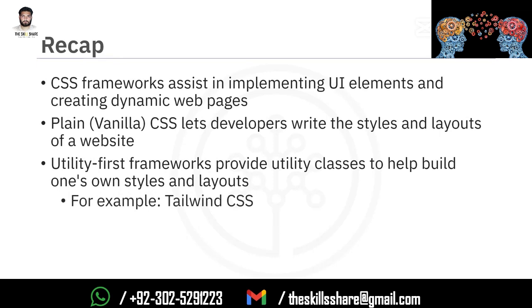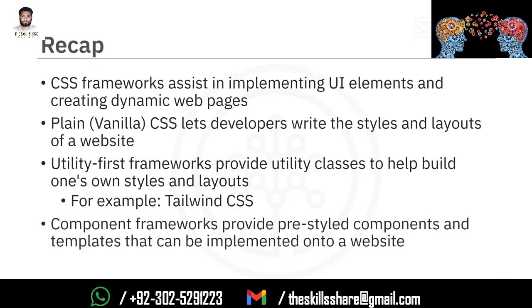Tailwind CSS consists of classes that are composed to build designs directly on the markup. Component frameworks provide you with a wide selection of pre-styled components and templates which can be implemented onto your website. And Bootstrap allows developers to build fast, responsive sites with its feature-packed front-end toolkit.